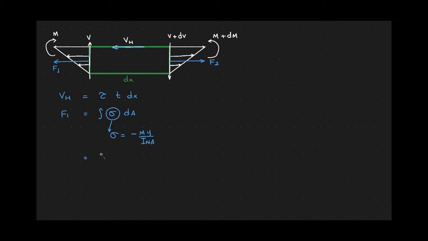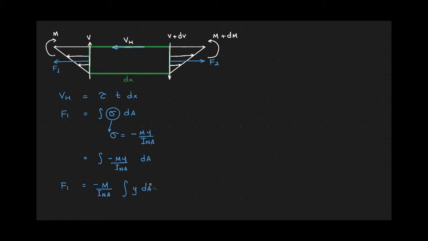Therefore we have the integral of negative My over I of the neutral axis dA. Let's put the constants outside of the integral sign. Therefore, F1 is equal to negative M, that's a constant, over I of the neutral axis, that's also a constant, times the integral of y dA.